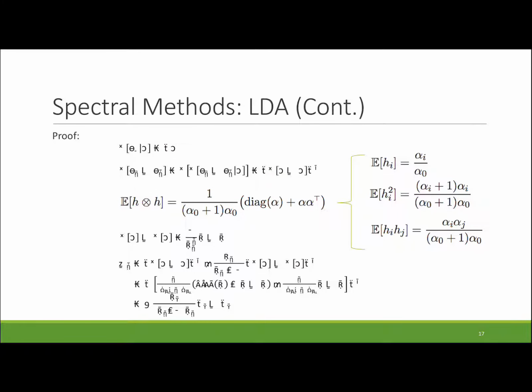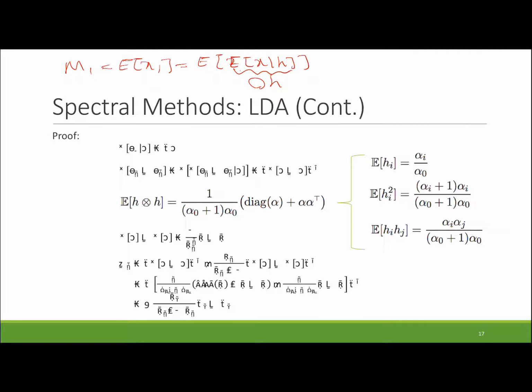Okay, so let's take a look at the proofs here. The expected value of x1, which was my M1, is over H, and this is given by the model.